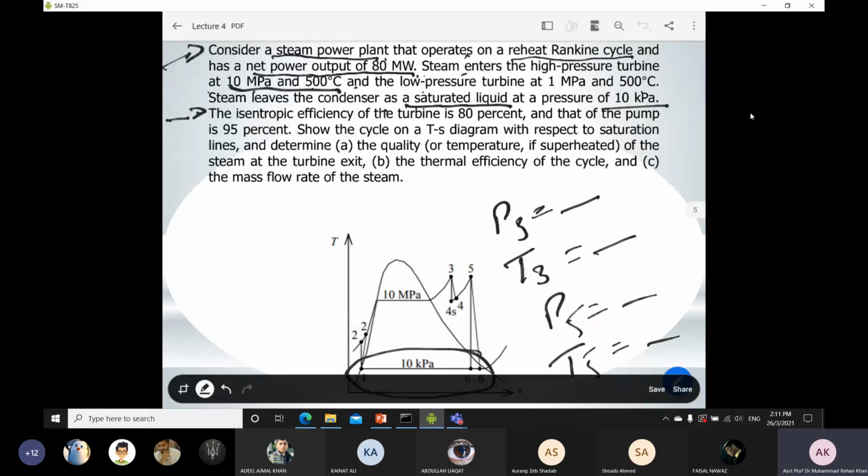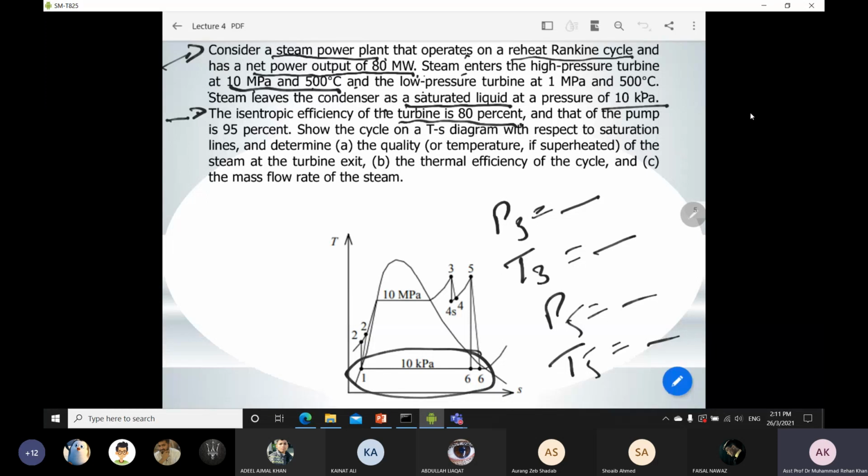If it is not mentioned that the isentropic efficiency of the turbine is given, then you have to assume that this is the ideal reheat Rankine cycle. Okay, so it is mentioned that the turbine is 80% and the pump is 95%. So the isentropic efficiency of the pump is also given in the question, and the isentropic efficiency of the turbine is also given.